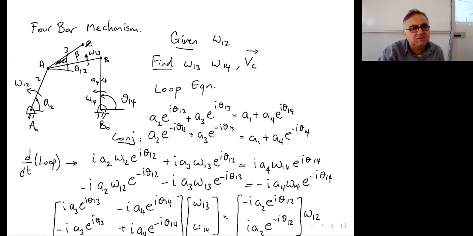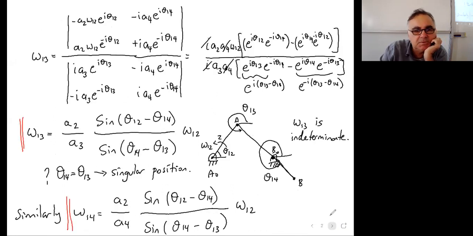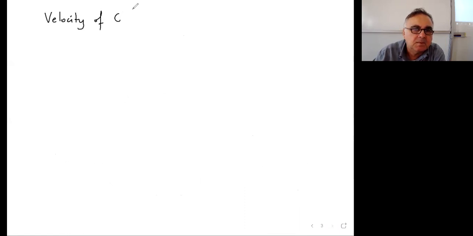We write the position vector of point C. Now we have solved for omega-1, 2 and omega-1, 3, remember? So we can solve for velocity of point C. VC as a vector.